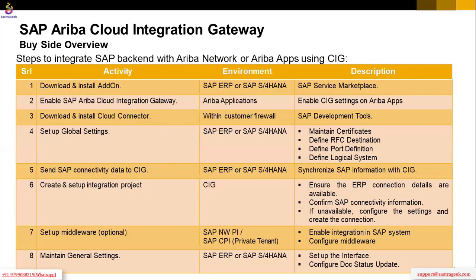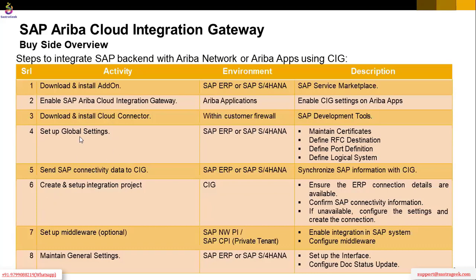Okay, so this activity we also have to do in our backend SAP system, and after that we have to enable the cloud integration gateway. This is a very important activity. That's something the Ariba shared service team does by itself. They will enable the CIG on the customer side, and they will activate the CIG for our Ariba solution.